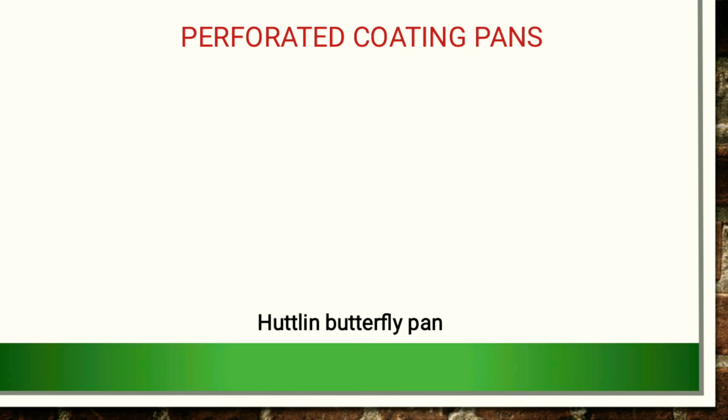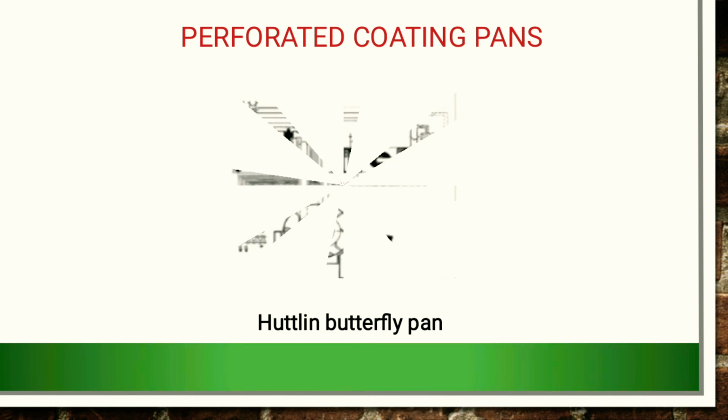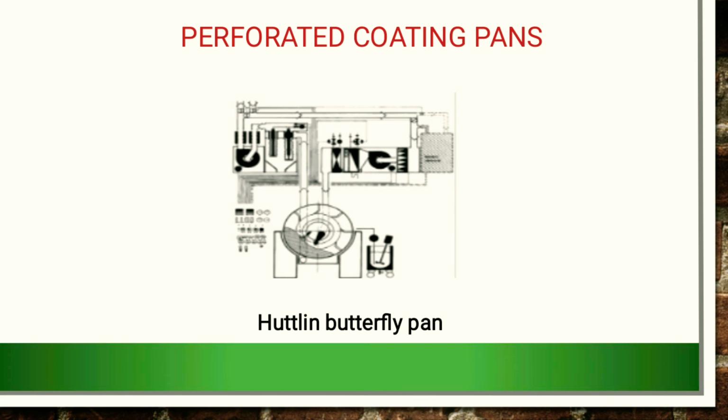Then the next one is the Huttlin butterfly pan. This is the diagrammatic representation of the Huttlin butterfly pan. It has a series of large, angled, slotted openings in the pan wall at the junction of the cylindrical portion with each of the front or back panels.